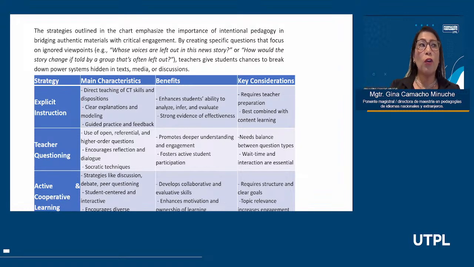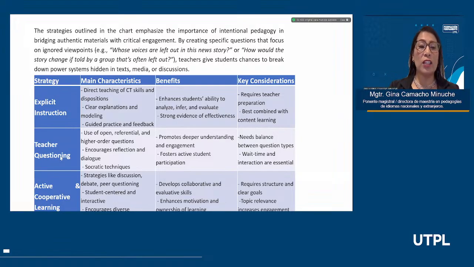So the questions go from simple to complex. Those are the kind of questions you should include when asking your students to read something. So you kind of force them to think, to give you reasons, and go deeper in the reading.